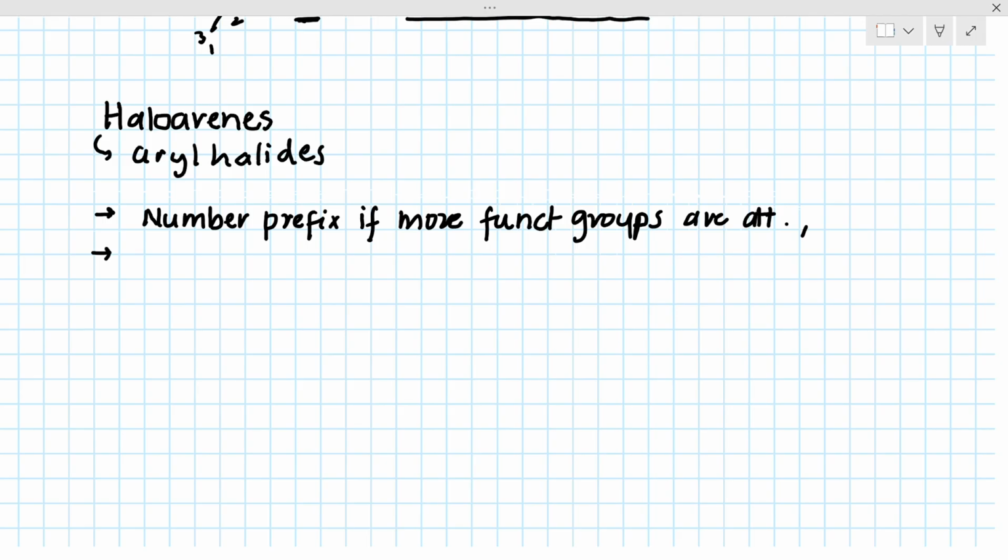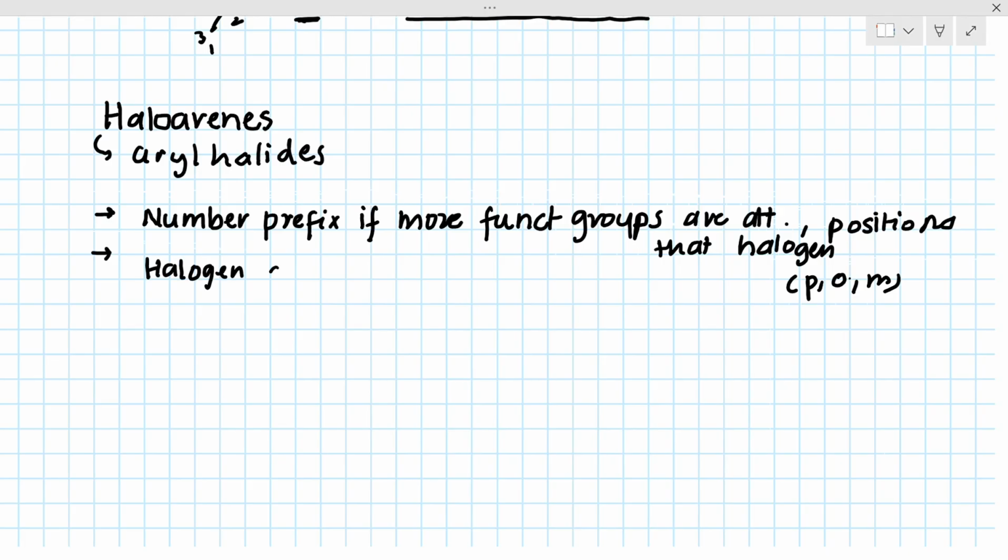And also specify the positions that halogens occupy. In an aromatic ring, you have 3 positions, that is para, ortho and meta. So you have to specify the positions that your halogen has taken. And the halogen here also gets the least number. Halogen gets more priority, or in simple words, the least number.